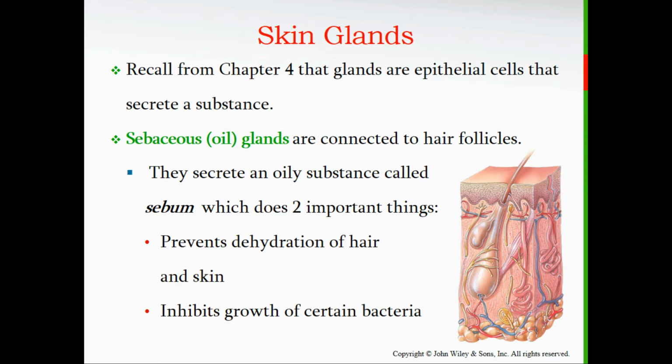Number one, it prevents dehydration of the hair and skin, keeps it moist and prevents it from becoming dry and brittle, and then it inhibits growth of certain bacteria, not all, but certain bacteria. So the oil that we secrete is supposed to keep our hair from becoming dry and brittle. But it is oily, and it gives our hair what we have deemed to be that dirty, oily look.